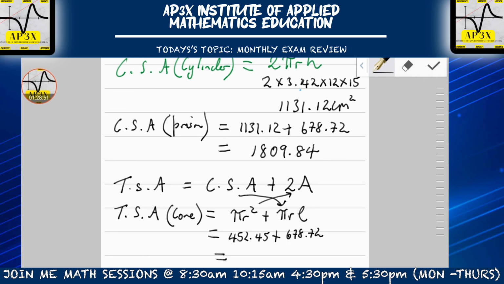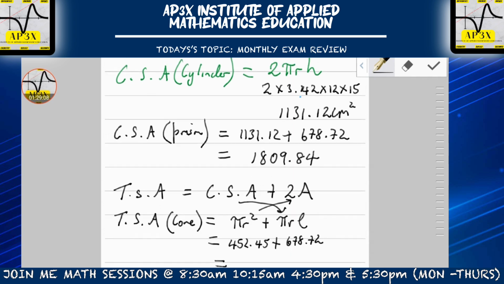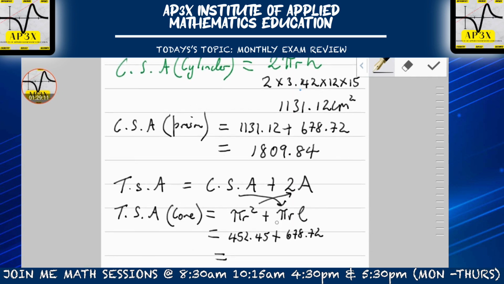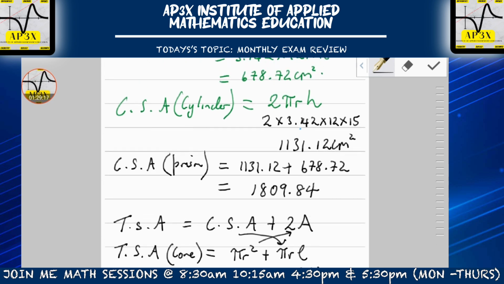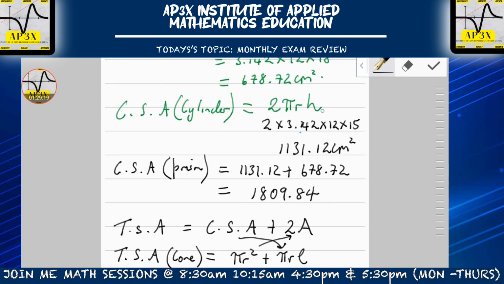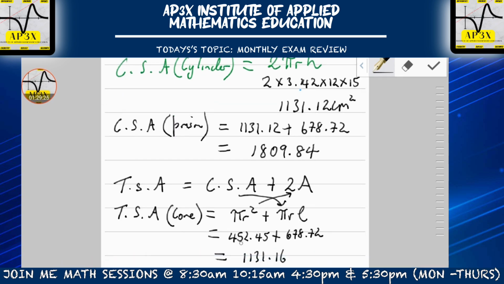So we end up with 452.45 plus 678.72, and we'll end up here with 1,131.16. It's very close to the actual curved surface area of the cylinder. Pretty close. All right, so that would have been the total surface area of the cone.